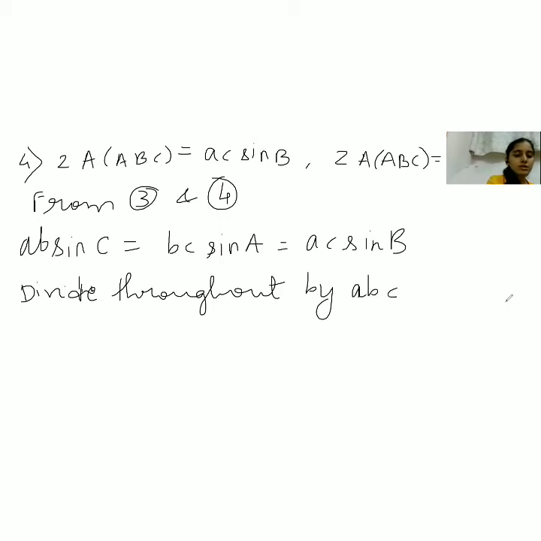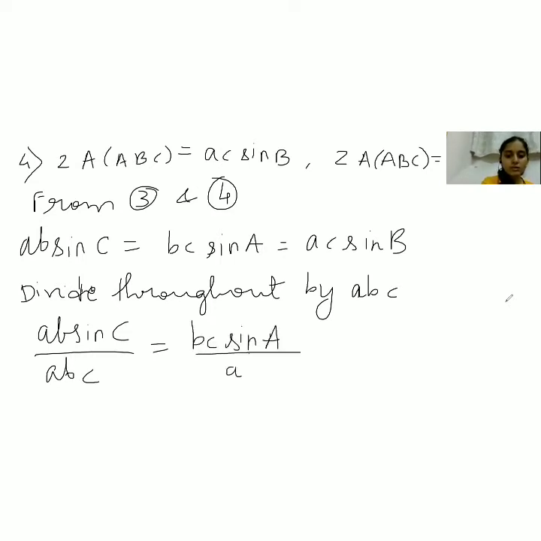So we have ab sine C upon abc equal to bc sine A upon abc equal to ac sine B upon abc, correct?